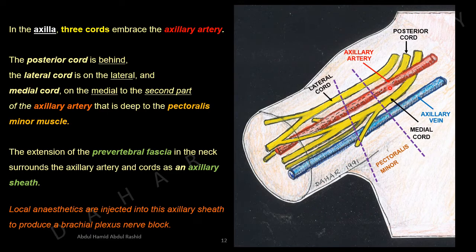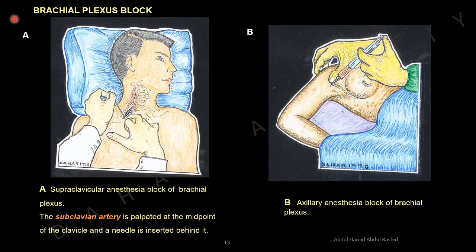The extension of the prevertebral fascia in the neck surrounds the axillary artery and cords as the axillary sheath. Local anesthetics are injected into this axillary sheath to produce the brachial plexus nerve block. Brachial plexus block: 2 types.